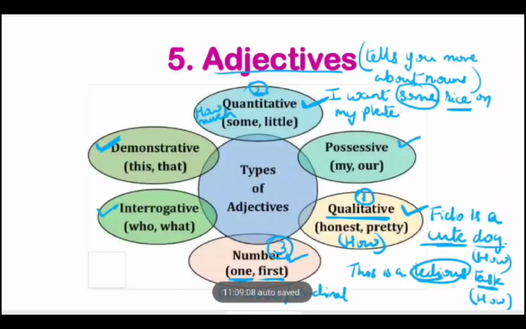The girl was having 7 balloons. So the word 7 is a number. I came 10th in my class, or I secured 10th position in the final examination. So 10th is an ordinal number. Exactly the number is mentioned, hence adjective of number.